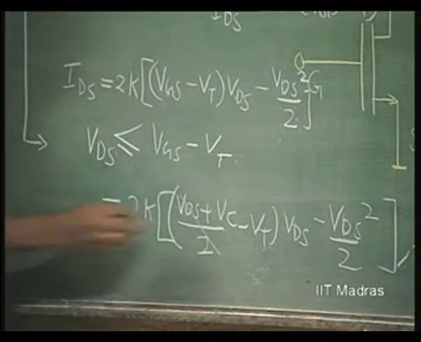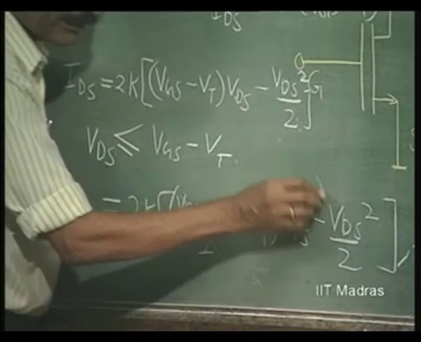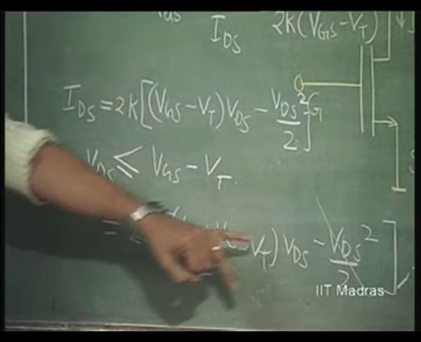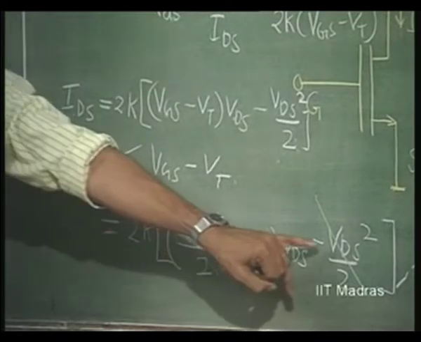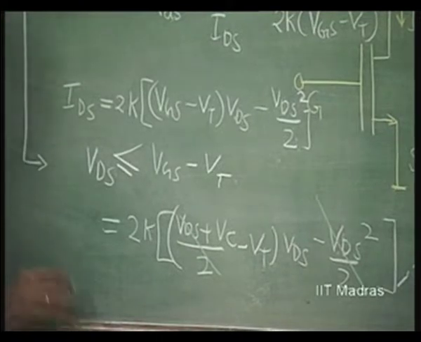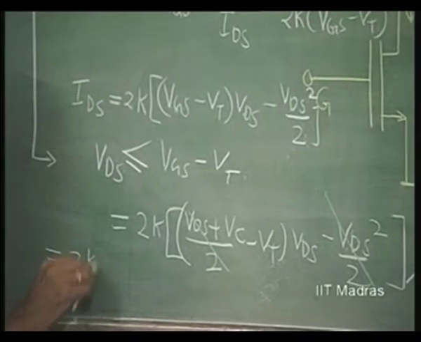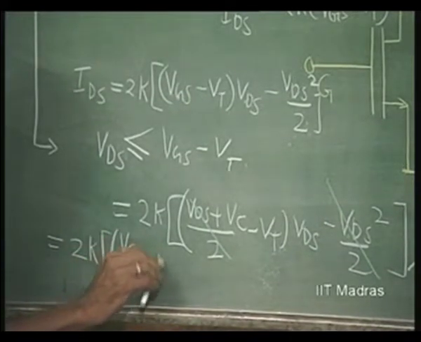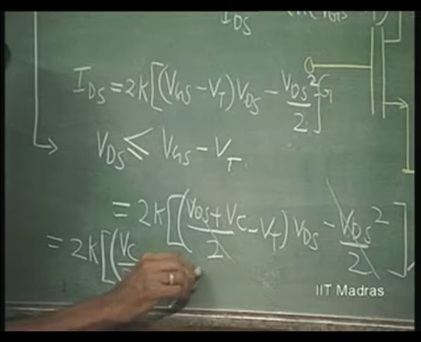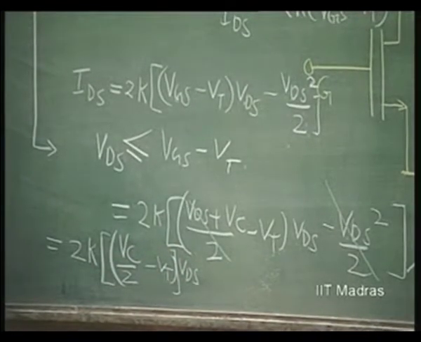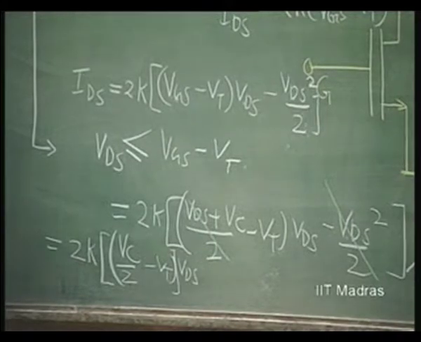This term cancels with this term, exactly. VDS by 2 into VDS is VDS squared by 2, which gets cancelled with that. And we are left with 2K into (VC by 2 minus VT) into VDS, which is perfectly linear as far as VDS is concerned.